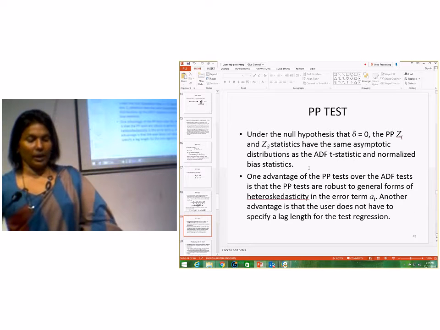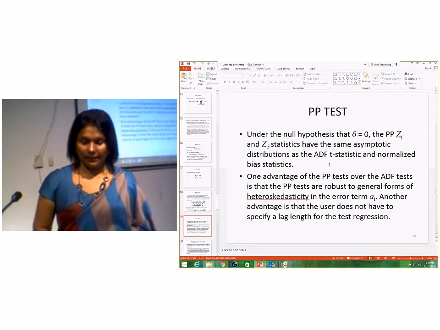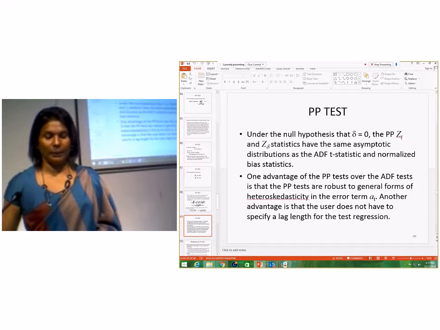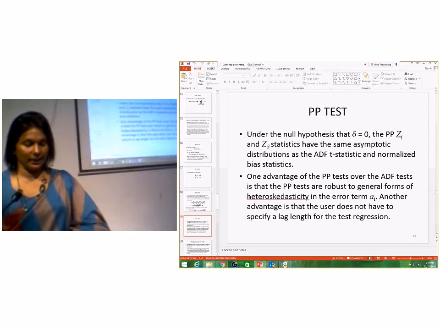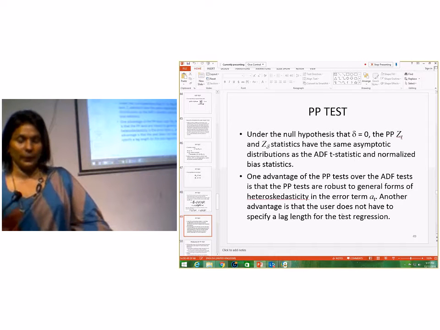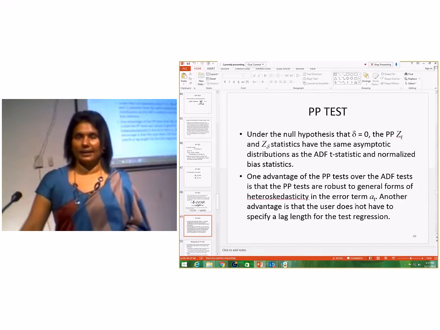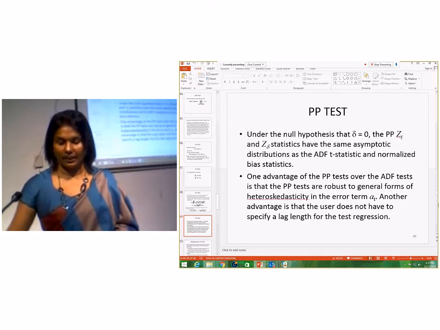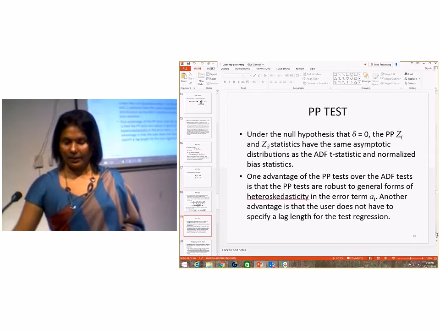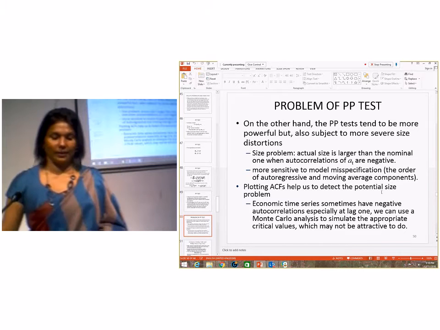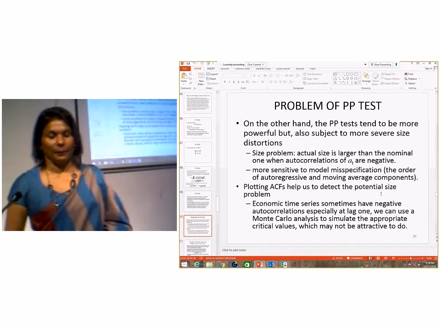This is the advantage of using the PP test: it is robust to general forms of heteroscedasticity in the error term. Another advantage is that the user doesn't have to specify the lag length for the test regression, so we don't need to choose how many lags to include.